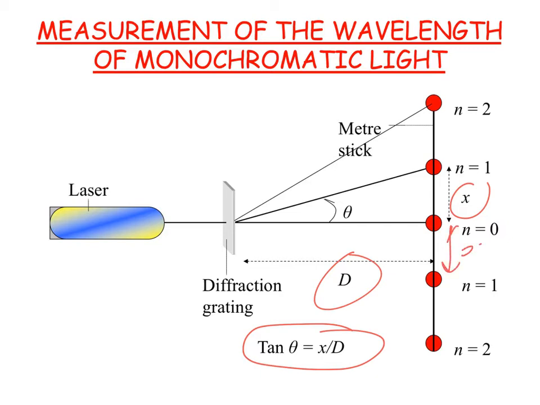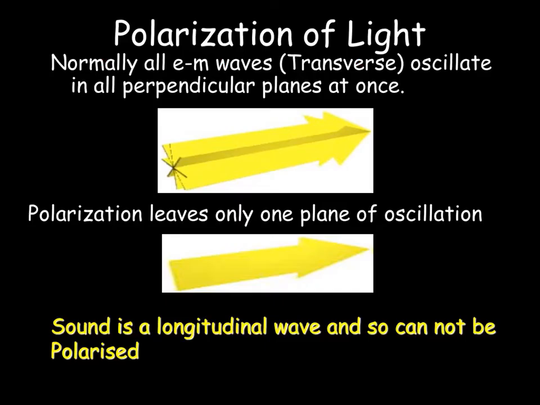You measure the X's on both sides and come up with an angle theta 1 on both sides, on the left and the right. And you find the average. The reason you find the average between these two angles is because if the diffraction grating isn't exactly perpendicular, then the two angles will be different. But by finding the two and finding the average, you eliminate the need to worry about that.